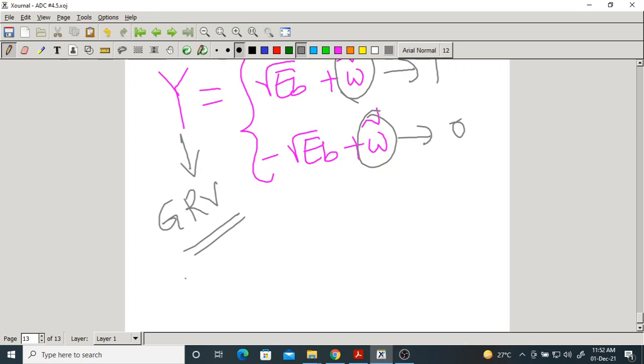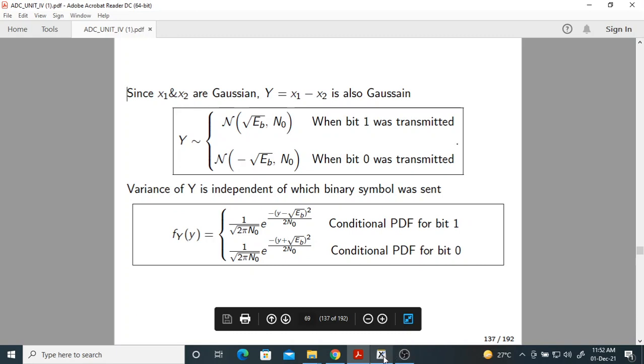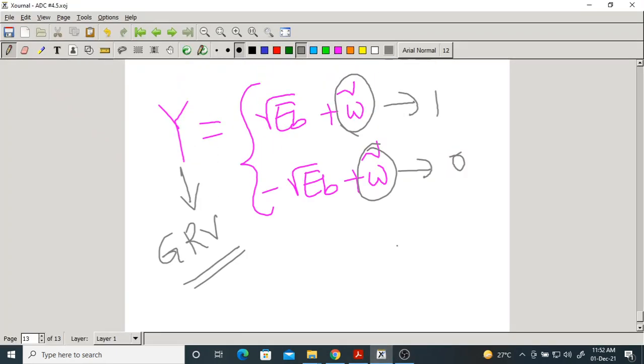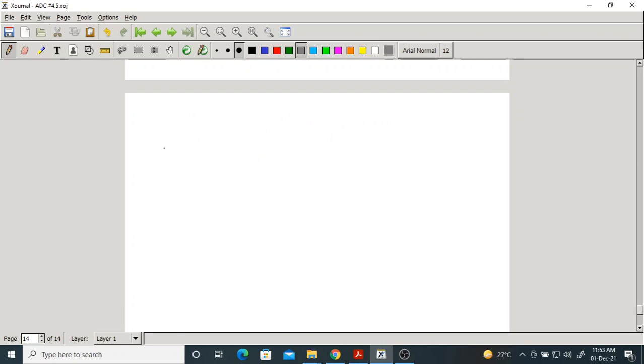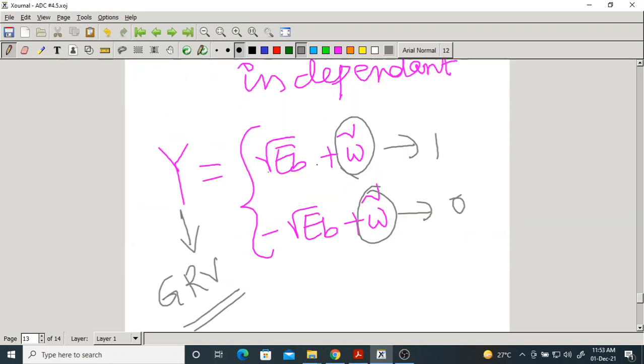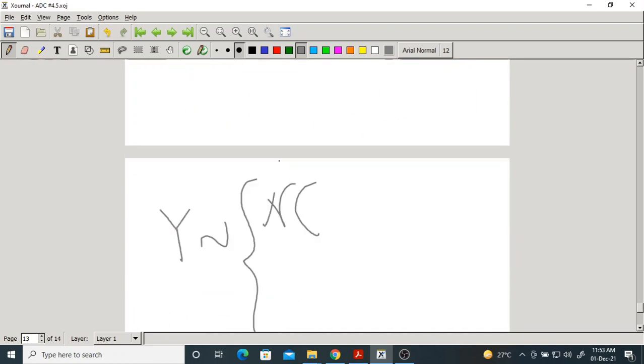Now what about the mean of y? The mean of y is root EB plus mean of W tilde. What is the mean of W tilde? 0. So let me write how y looks like. Y is also a Gaussian random variable. When bit 1 was transmitted, the mean is root EB. What is the variance?